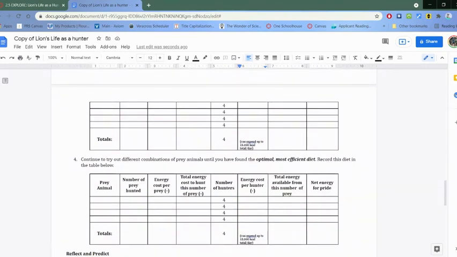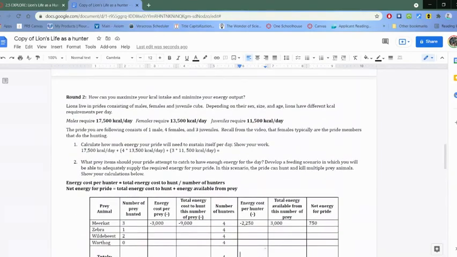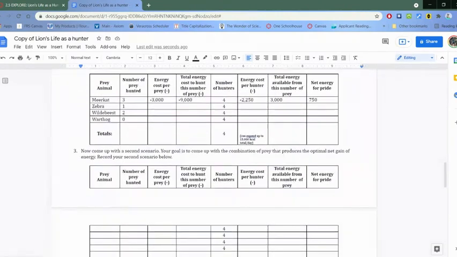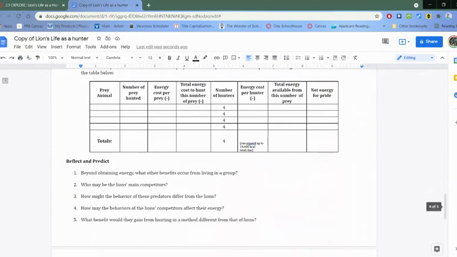See if you can figure out a scenario where you can get enough calories for the pride, that's going to be this value here, but not expend too much energy for each individual. Let me know if you have any questions. Once you finish your calculations, make sure to answer the questions and submit your worksheet.